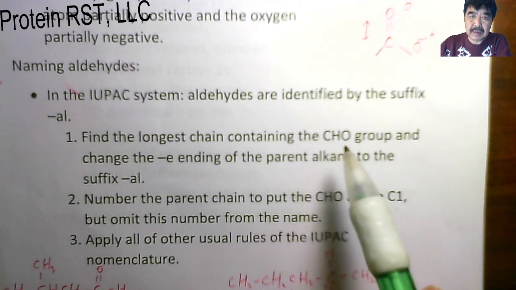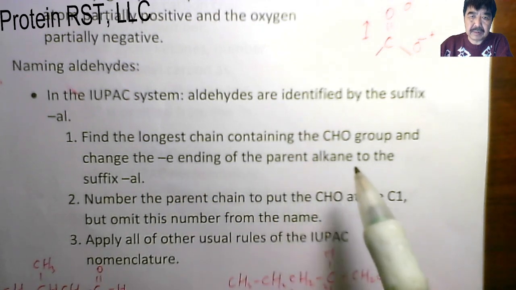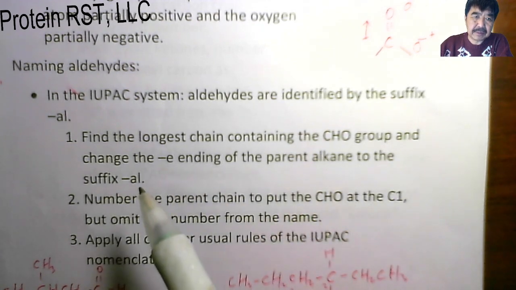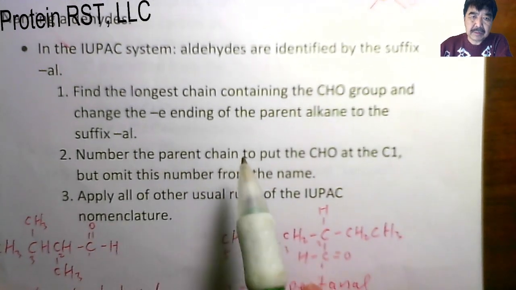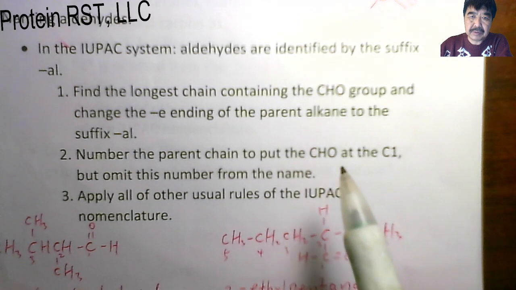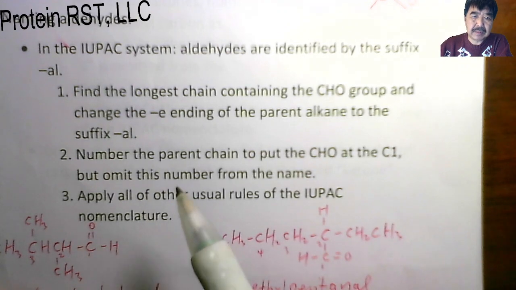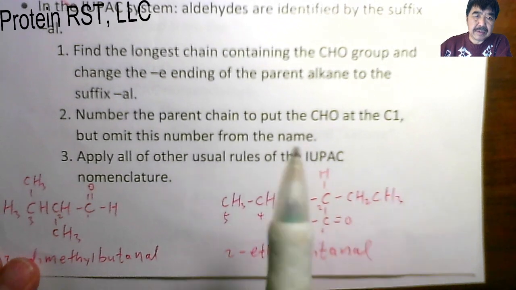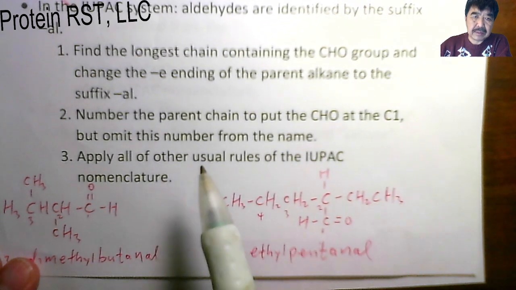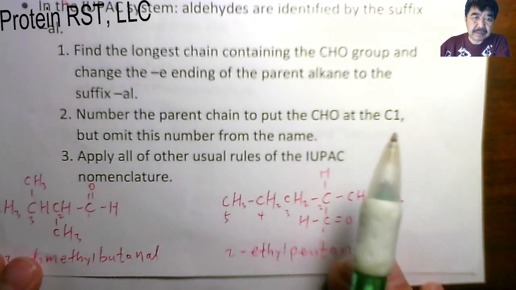This is the aldehyde group, and change the -e ending of the parent alkane to the suffix -al. Name the parent chain by putting the CHO group at the C1 position, but omit the number from the name. Apply all other rules of the IUPAC nomenclature.